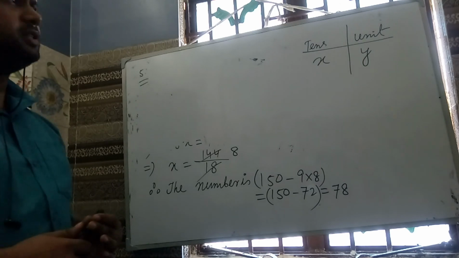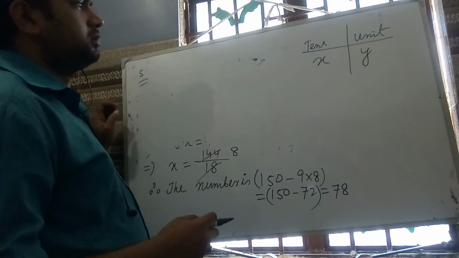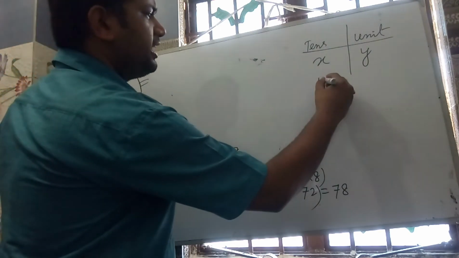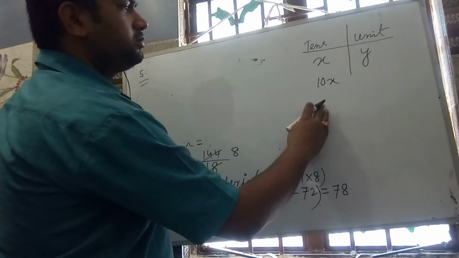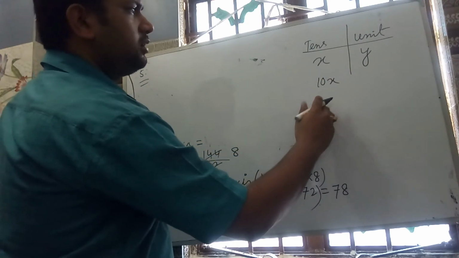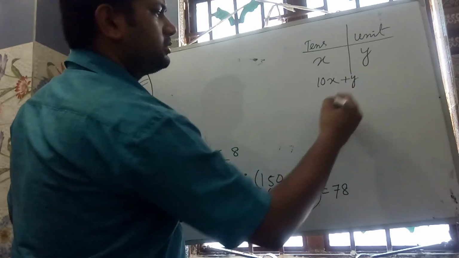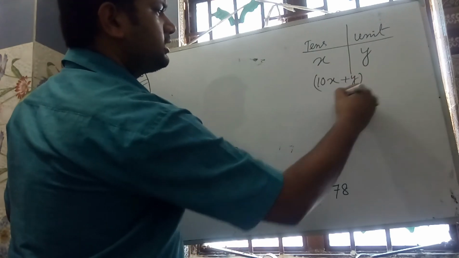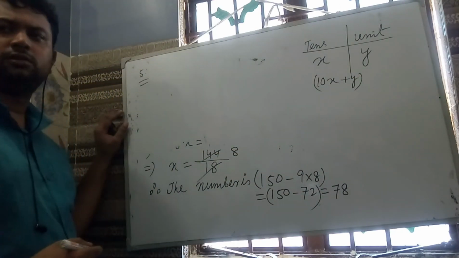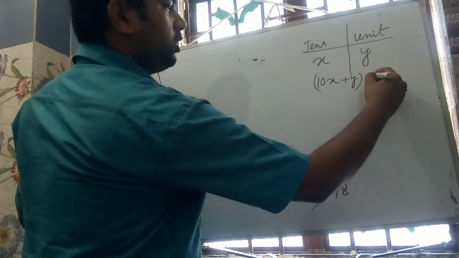So tell me, what will be the number? Obviously, tens place digit into 10 plus unit digit, so it will be 10x plus y. This is the original number.